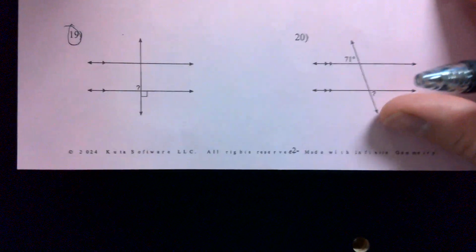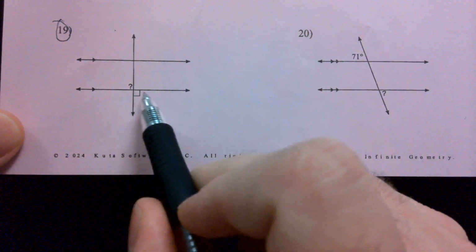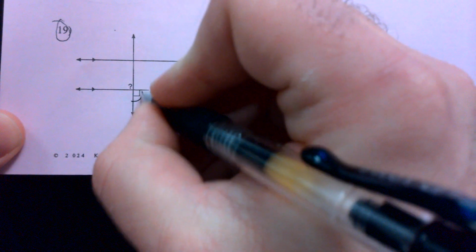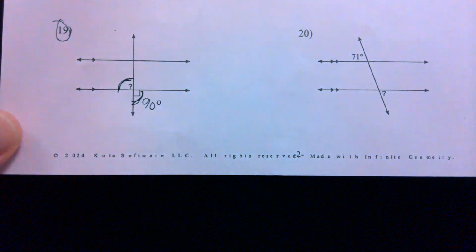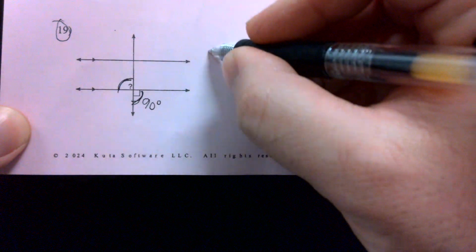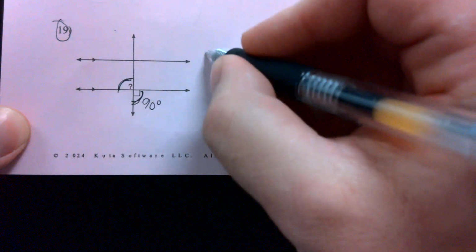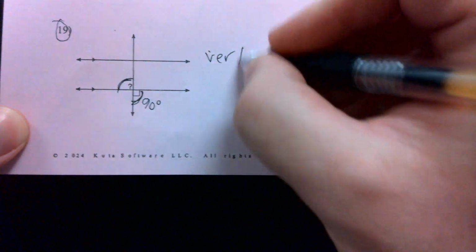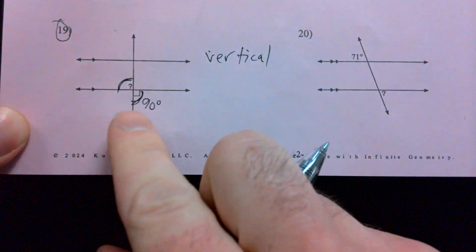Last but not least, down to number 19. I'm confused. I don't see any numbers here. Someone help me out. What angle do we know? Oh, right. So how many degrees is this right angle? 90 degrees. What's the relationship here between these two angles? Vertical. They are both right angles. The relationship is vertical, right?